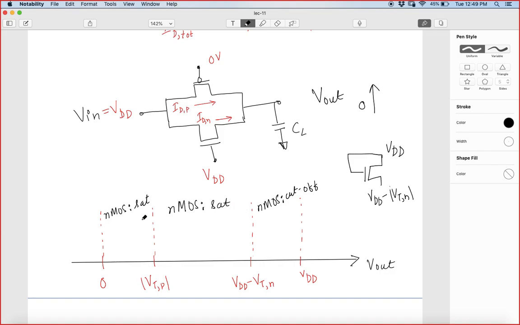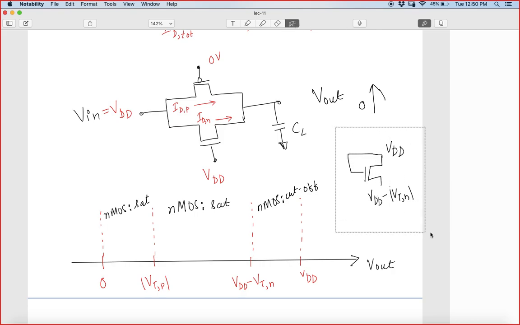So whenever Vin is equal to VDD, my NMOS is in saturation region from 0 to VTP, and it is still in saturation if the voltage is above VTP but less than VDD minus VTN. But as soon as it becomes more than VDD minus VTN, because my VGS will be less than VTN, it is in cutoff region. So this is the situation for the NMOS.